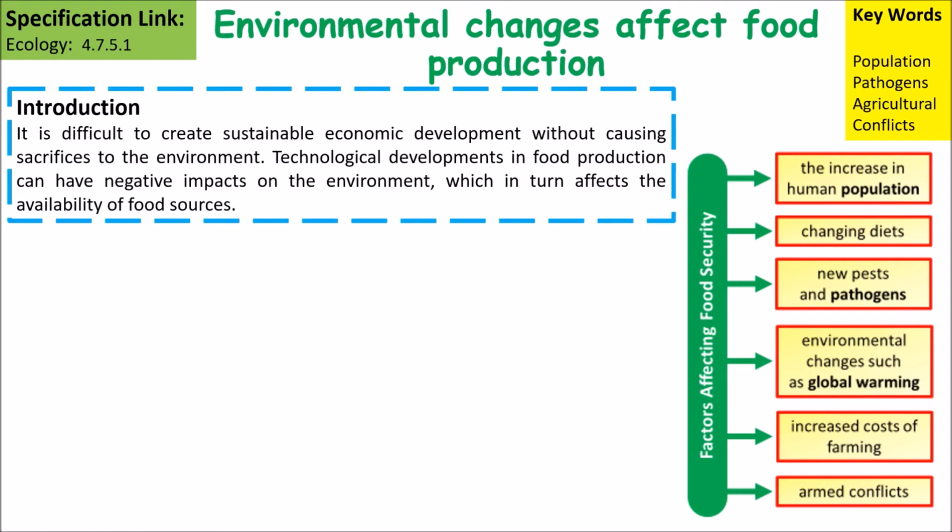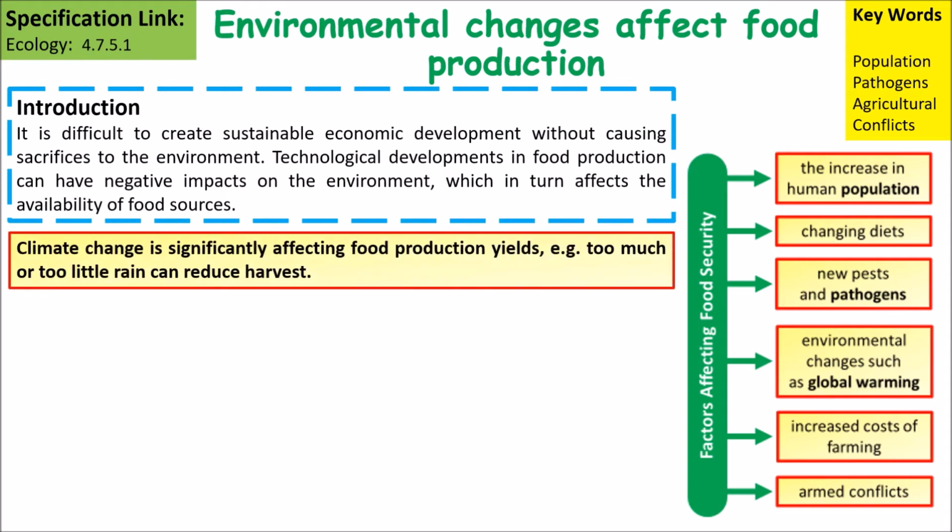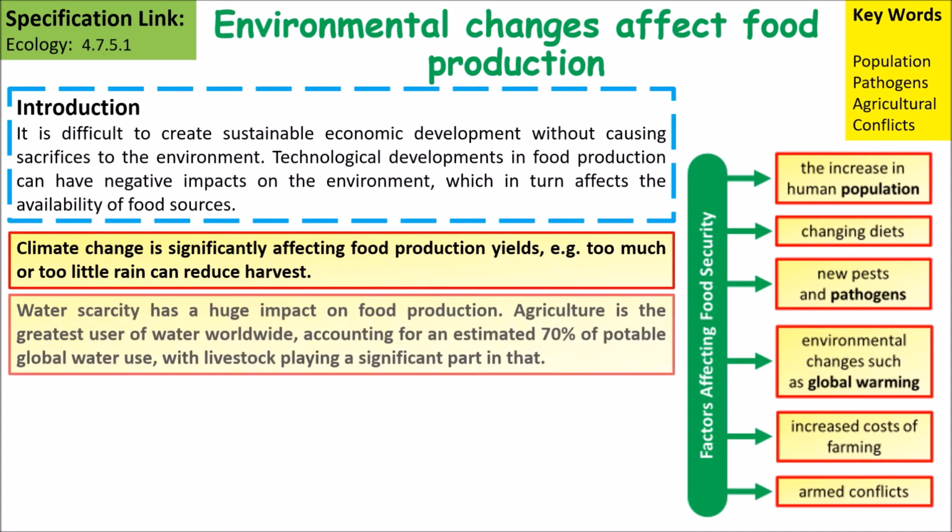So it's difficult to create economic development without sacrifices to the environment. Technological developments in food production can have a negative impact on the environment, which in turn affects the availability of a food source. Climate change is significantly affecting food production and yields.